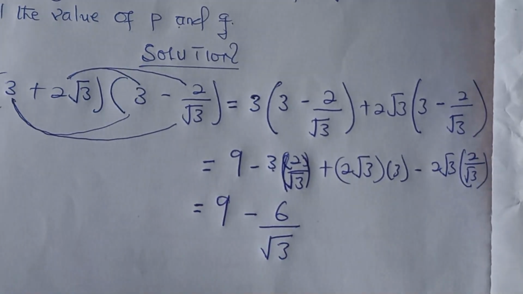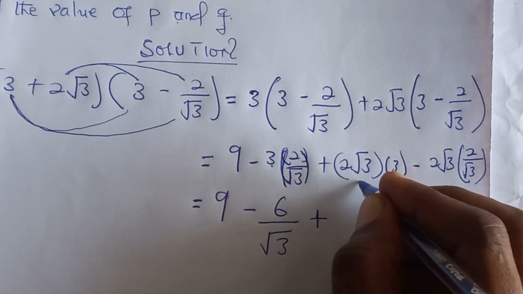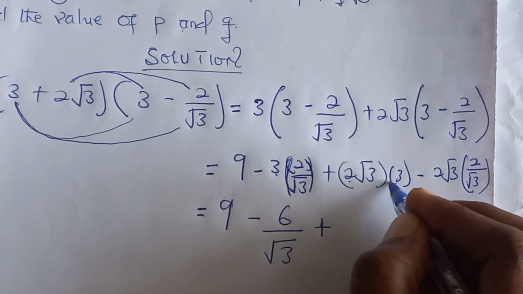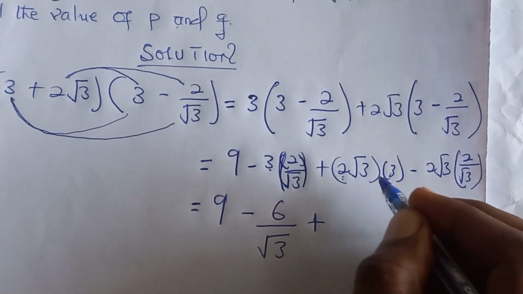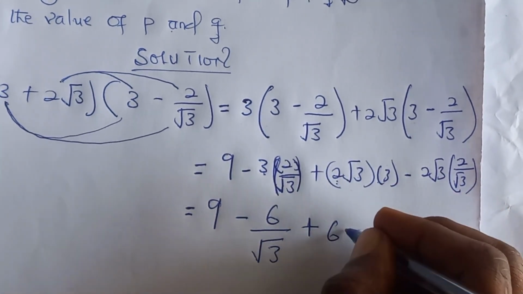Then 2√3 times 3 is the same as 2 times 3 root 3, so 2 times 3 is 6, then we have our √3.